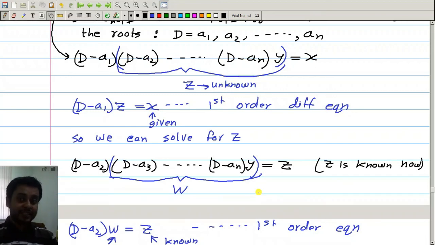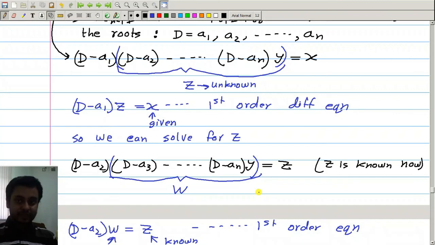The poor man said, "I earn only 100 bucks." Then the rich master told him, "Okay, you repeat the same process 100 times each day so that 100 multiplied by 100 becomes 10,000." Here also, if you know how to solve a first order equation, then you repeat the same process n times to solve an nth order differential equation.